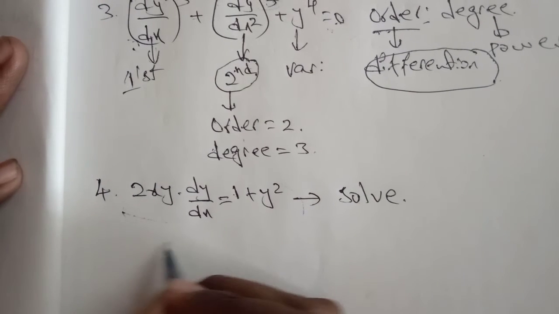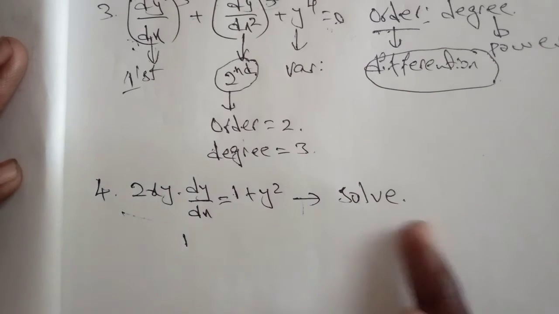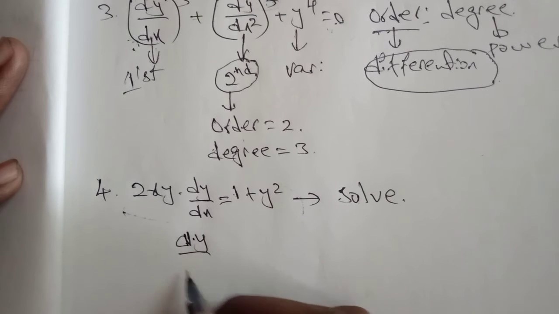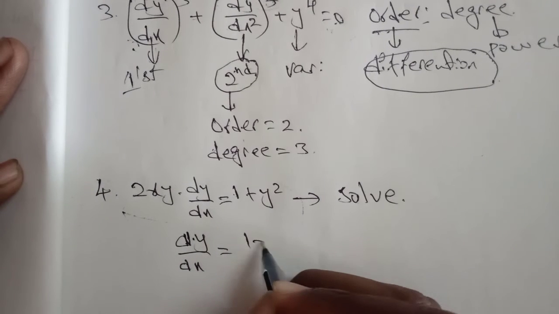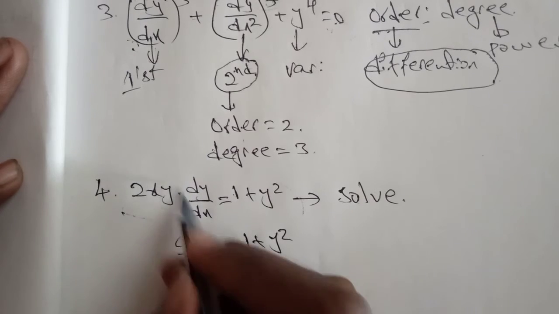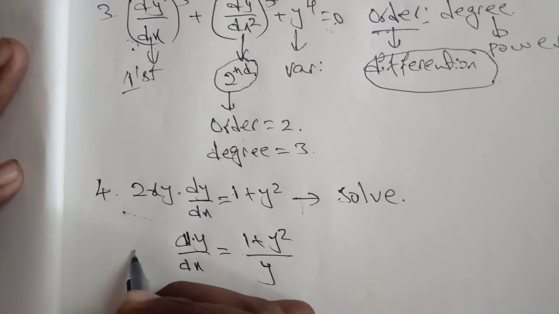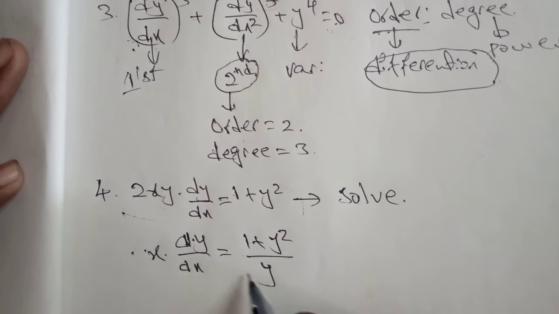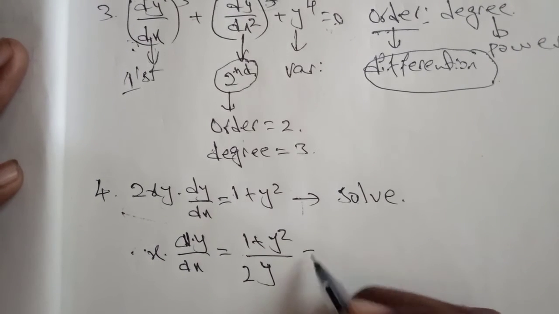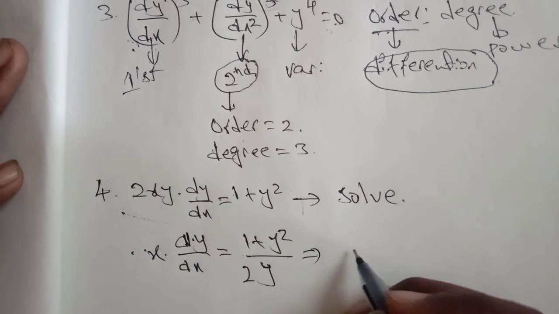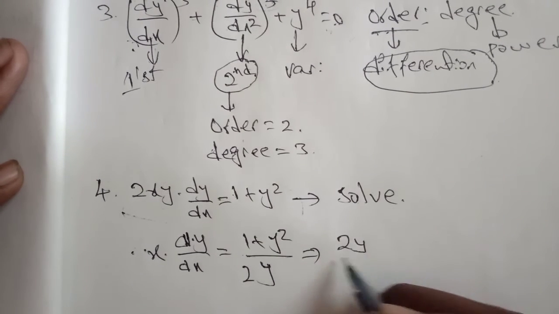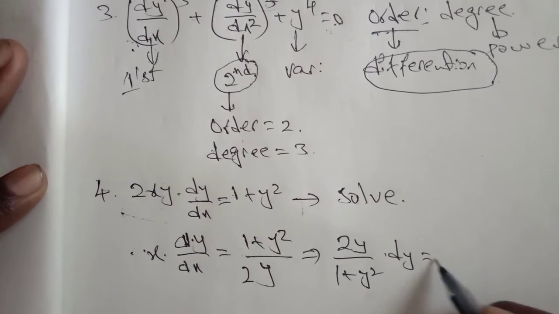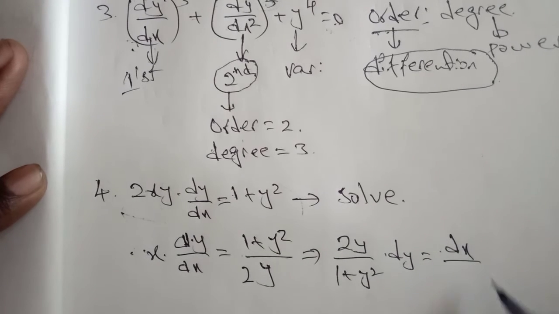In this problem he has to solve this differential equation. We can take the variable separable method here. So dy by dx equals to (1 plus y square) by y into x, and I am writing 2 here. If we rearrange this equation, it becomes 2y by (1 plus y square) into dy equals to dx by x.